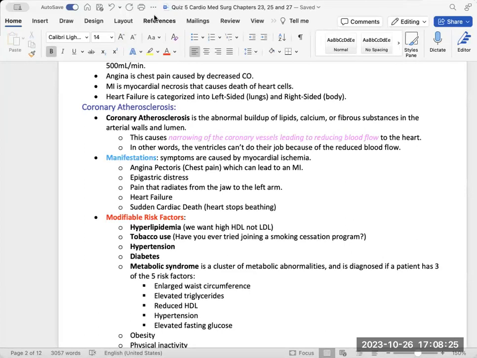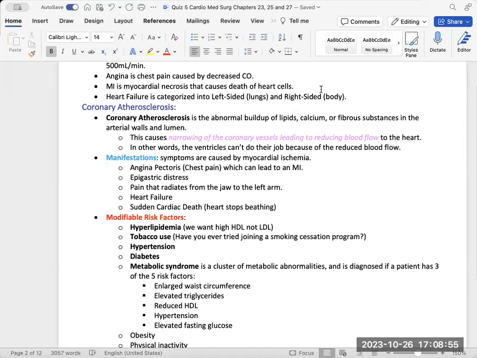And the really important thing about the coronary arteries specifically is that they control the blood flow getting to the heart. They are the arteries that are directly on the heart and they perfuse it. So if there's a blockage of any sort, like plaques or vasoconstriction, anything, that is going to affect the perfusion of the heart and its ability to pump blood to the rest of the body.